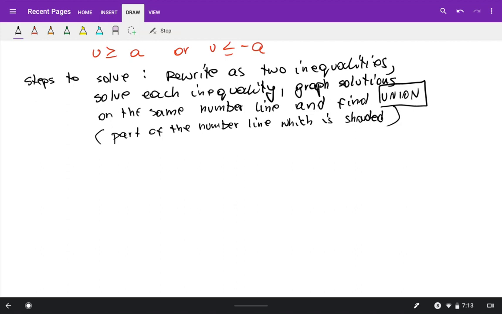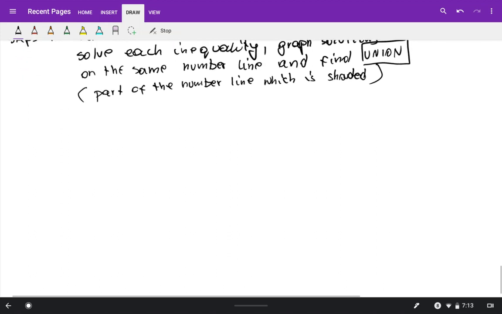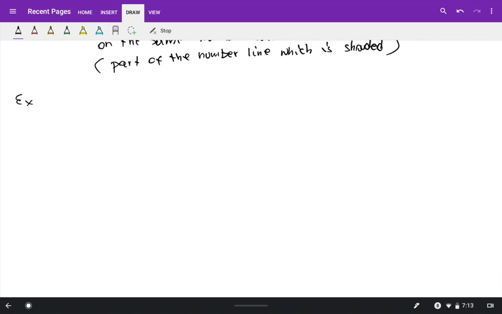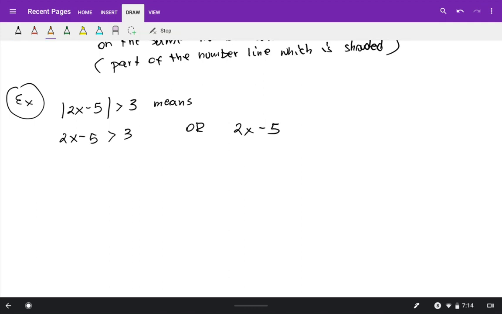Okay, so let's do it. Let me show you an example. We have the absolute value of 2x minus 5 greater than 3. We're going to rewrite it as two inequalities. 2x minus 5 is greater than 3, or 2x minus 5, reverse the inequality, switch 3 to negative 3.